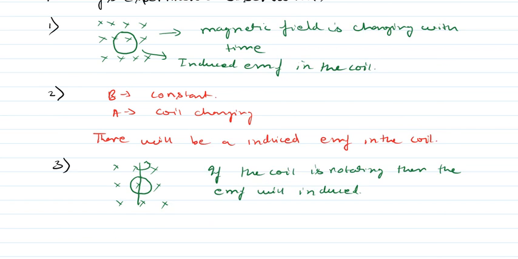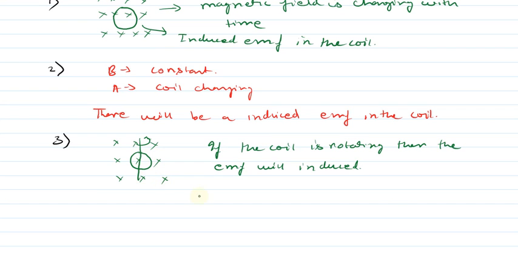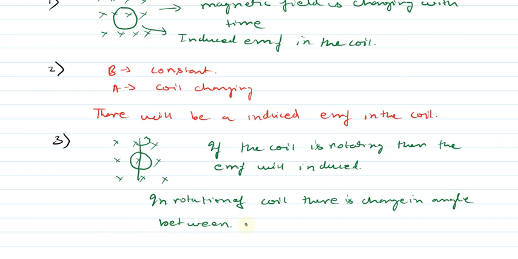In the rotation of the coil, there is a change in the angle between the area vector of the coil and the magnetic field vector.